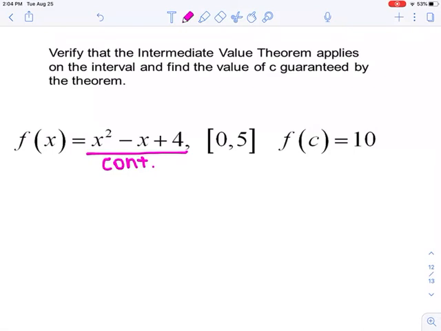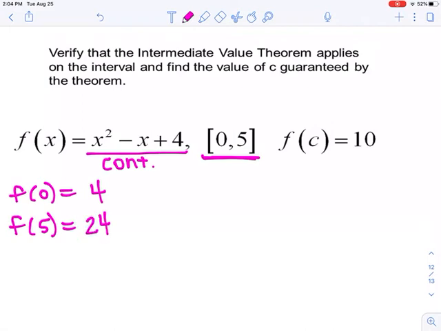Okay, so our intermediate value theorem first deals with continuity, and we know that we are talking about a polynomial, so this is continuous. And then we also care about the y values. So let's take these two and find our y values. All right, 0 is easy to plug in, right? We have 4.